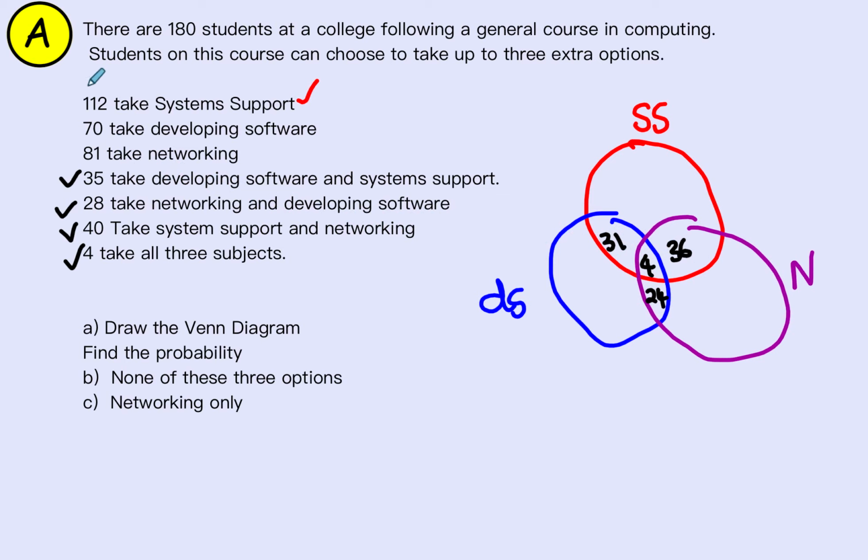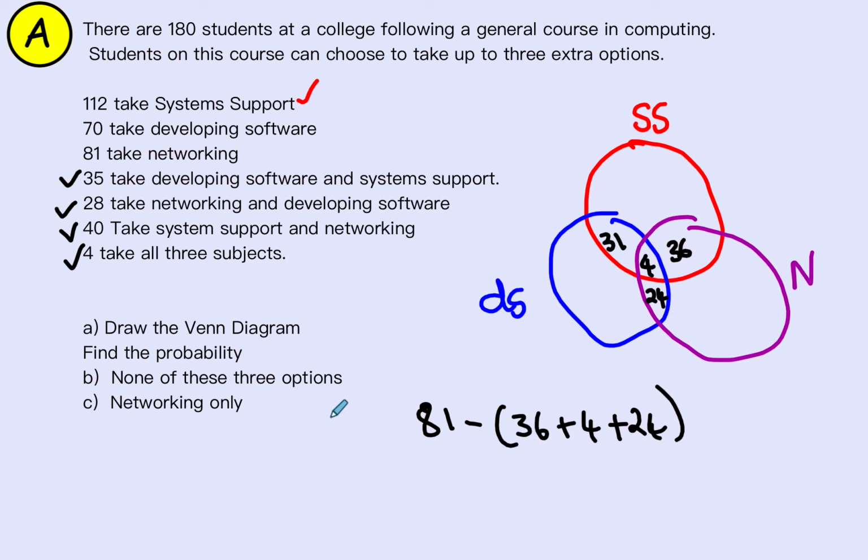Now I'm going to extract the information to tell me what these are. So 81 take up networking. If 81 take up networking, that represents the whole space. So what I need to do is 81 subtract 36 plus 4 plus 24, and that will tell me what that amount is.